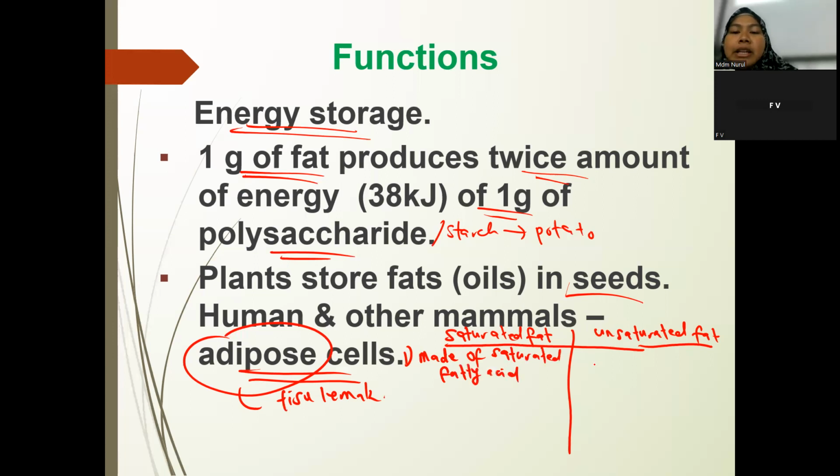Okay. Kalau unsaturated? Made of unsaturated fatty acid. You can read my handwriting, kan? Okay. So, this kind of soalan, comparison question, is favorite in exam.